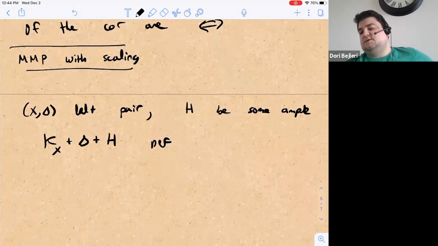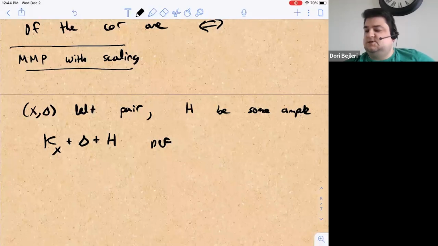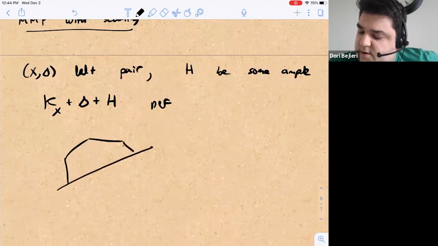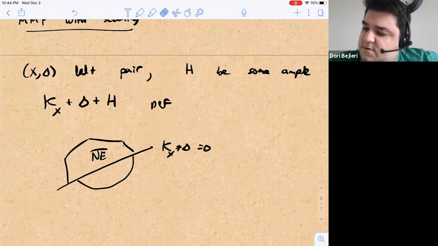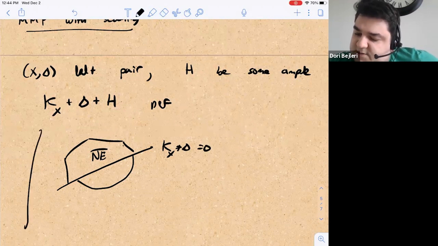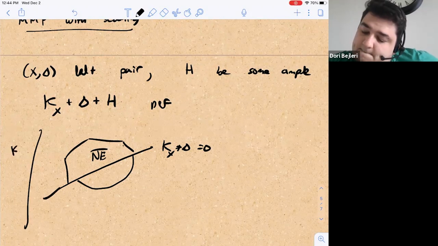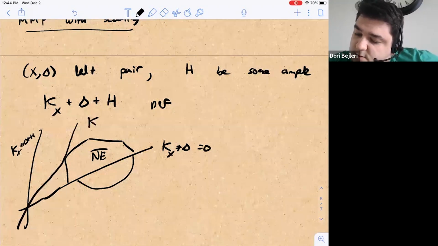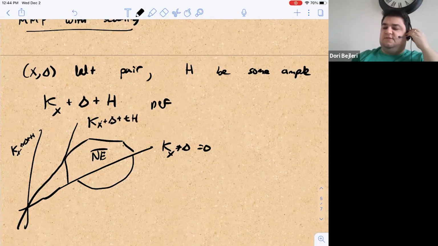Then what we can start doing is decreasing the coefficients on H. So now maybe I can just draw a picture. Here's our cone. And then we have the K_X plus Delta equals 0 line over there. We have our K_X plus Delta plus H line over here. And now we can start decreasing coefficients until we hit the effective cone.